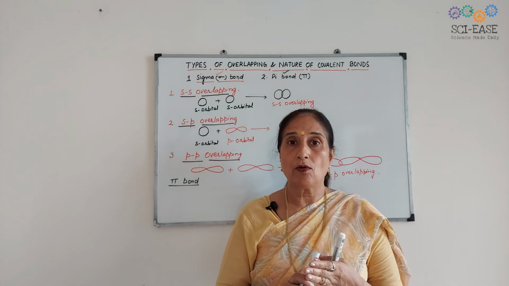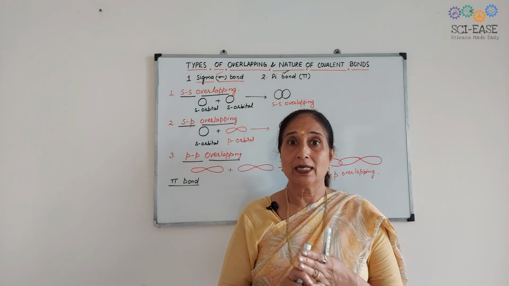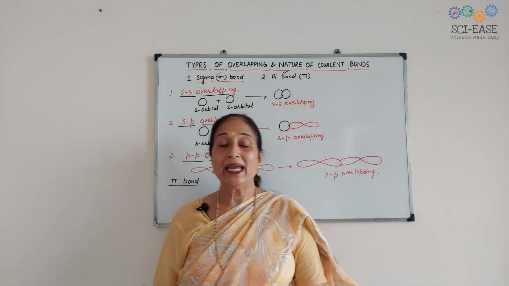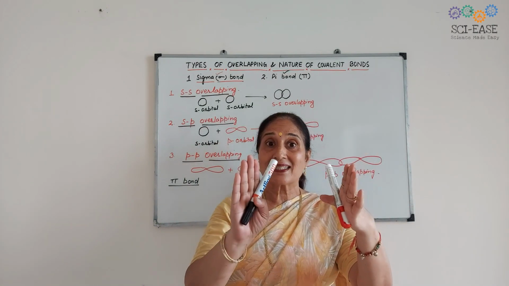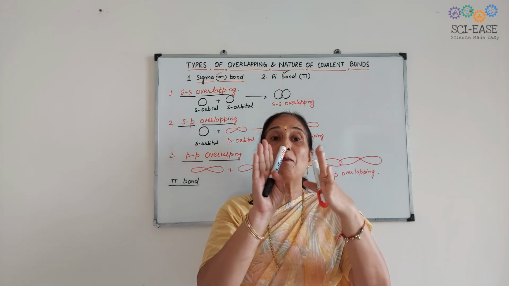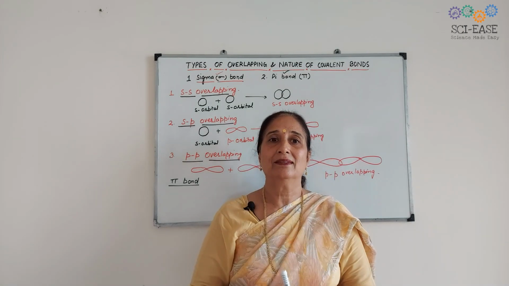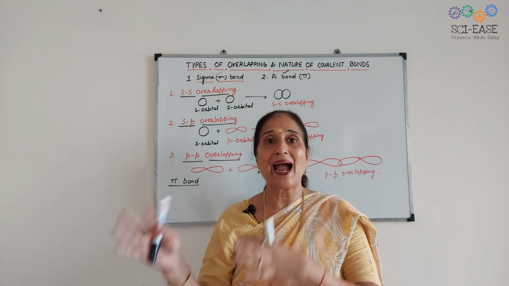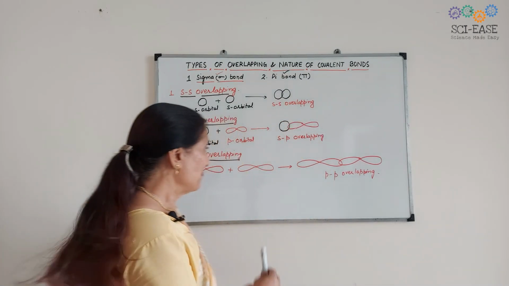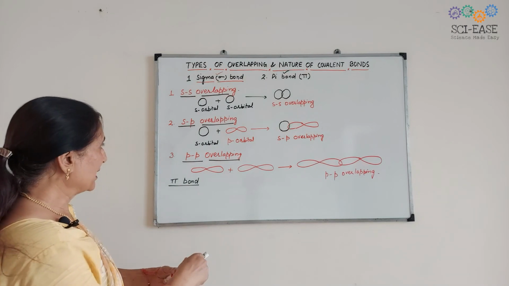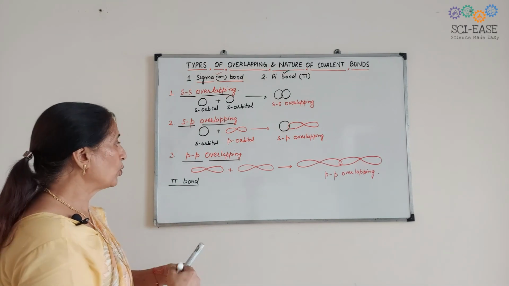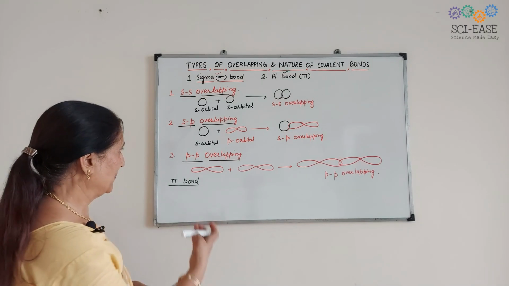But in case of pi bond, sideways overlapping is there. Okay? The axes will remain parallel to each other and they are perpendicular to the internuclear axis. I am going to depict how this sideways overlapping is there.